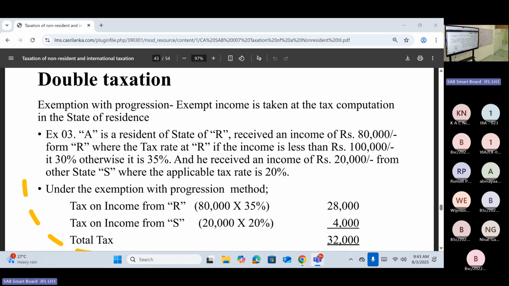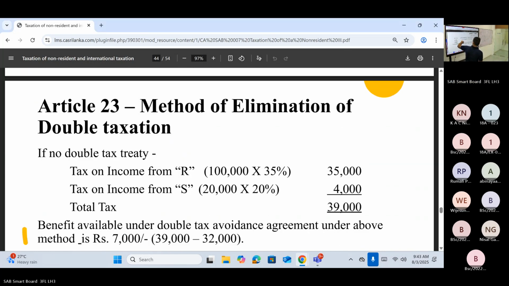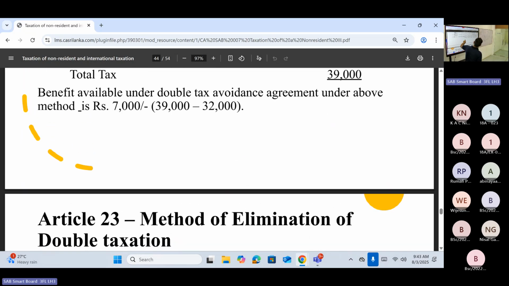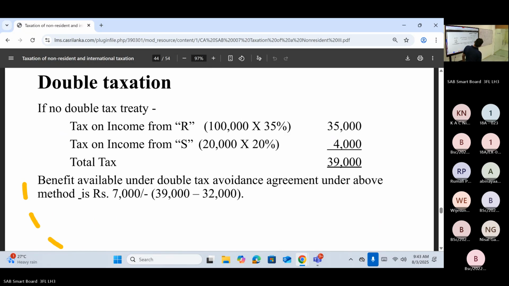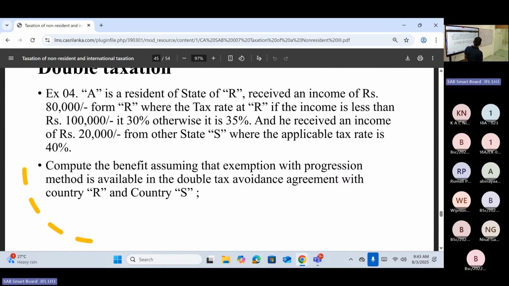This concept is used only when setting up how to eliminate double taxation, to incorporate the double taxation factor. The same example we will do with the progression. Still he is getting a 7,000 tax benefit, right? No double tax free available. And this example, the same example, you work out with the progression.